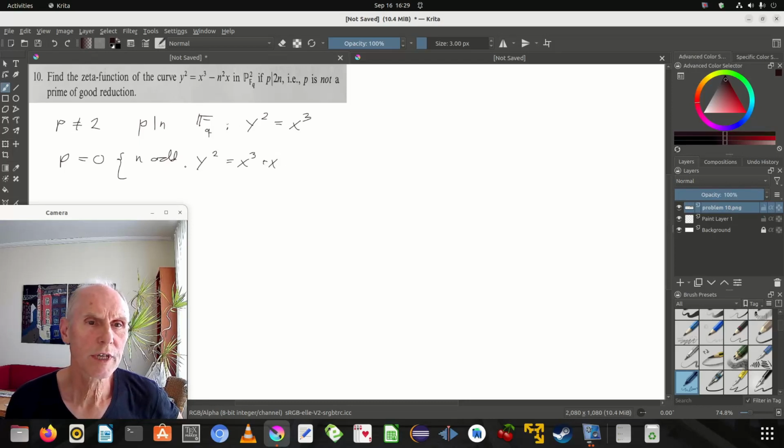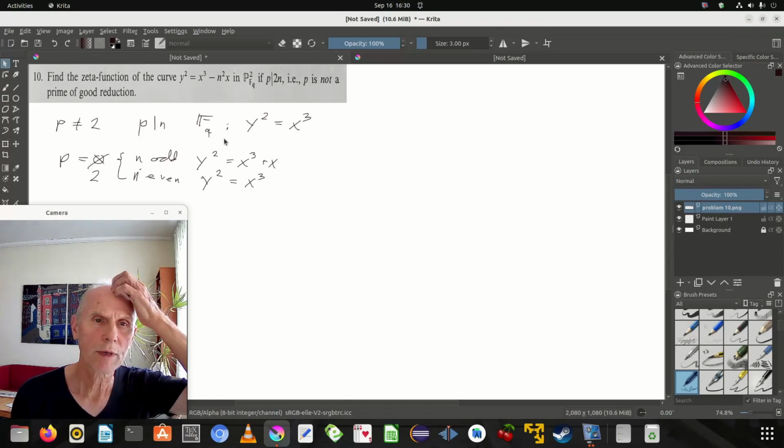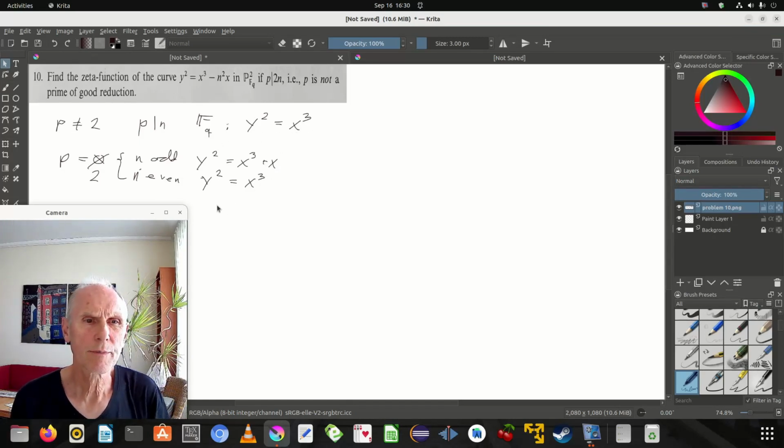Plus minus 1 is the same when we are in 2 to the r, or 2 to the m, and then n even, there should be 2, of course. Which is the same equation as above. So maybe we shouldn't treat that so differently.